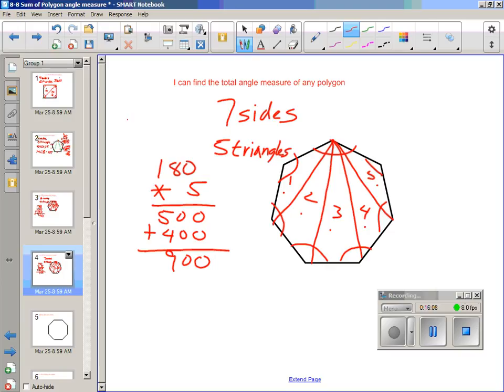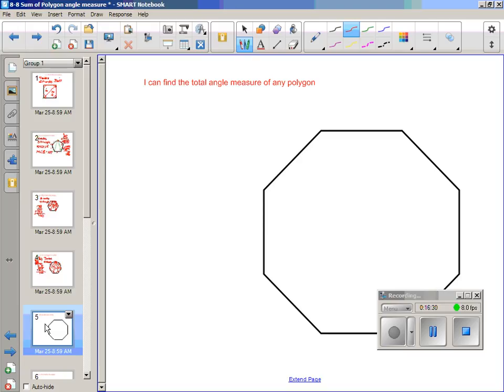That's basically doing this: 5 times 180, and we say 5 times 100 is 500, plus 5 times 80 is 400. We get a grand total of 900. Okay? We okay on that? All right. Last one, and then we're going to see if we can figure out what this formula is.